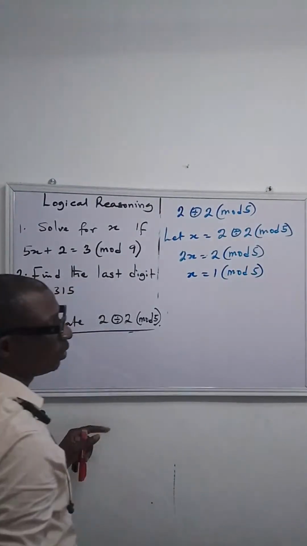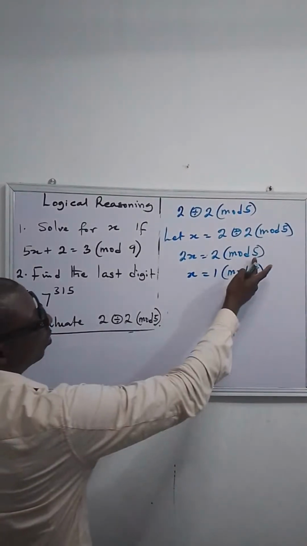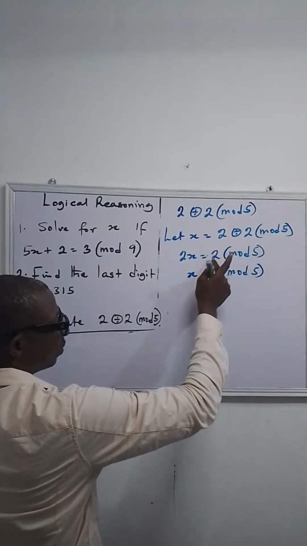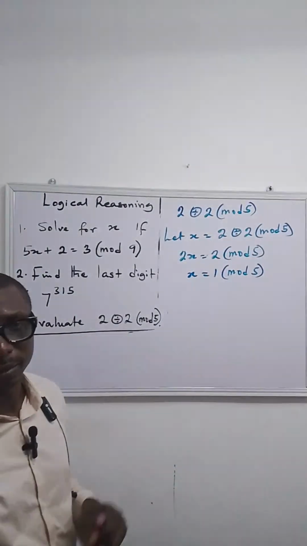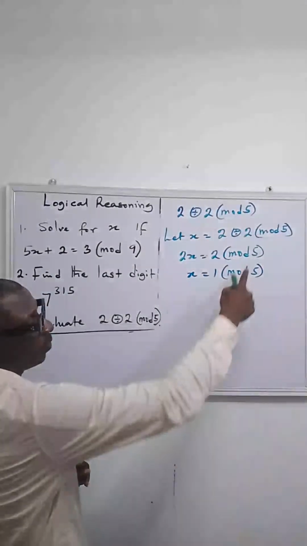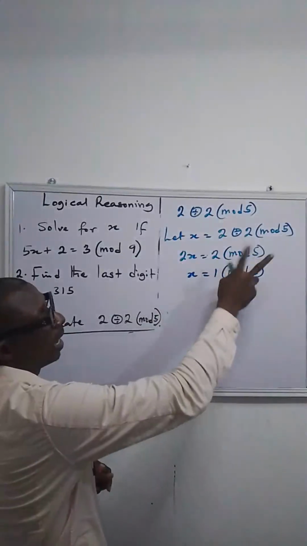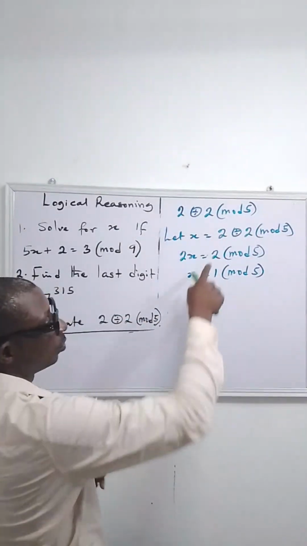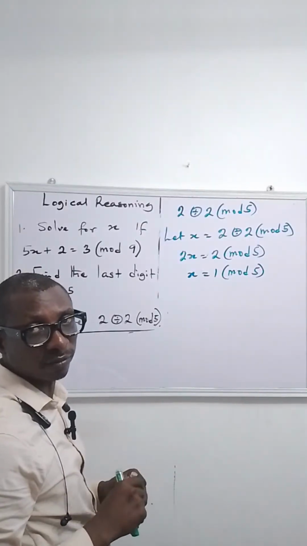All right, before you leave, you are going to check maybe you have multiple answers. So you begin to add multiples of 5 to 2 until you get a number that is divisible by 2. If I add one 5 to 2, I have 7. It's not divisible by 2. I add two 5s, that's 10, plus 2, I have 12. 12 is divisible by 2.